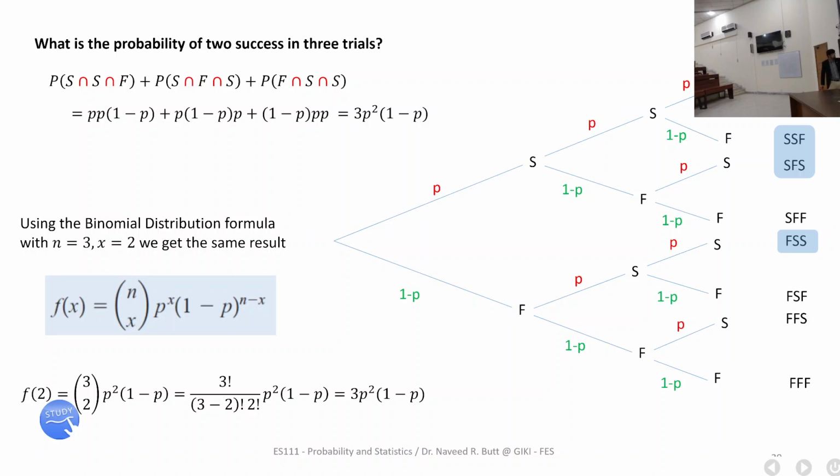You could directly say, okay, what is the probability of getting 2 successes in 3 trials? Well, just put the values here, 3, 2. You will solve it and reach exactly the same conclusion that you reached before. 3p square q, 2 lefts in 3 trials. Yes? So 2 successes in 3 trials.